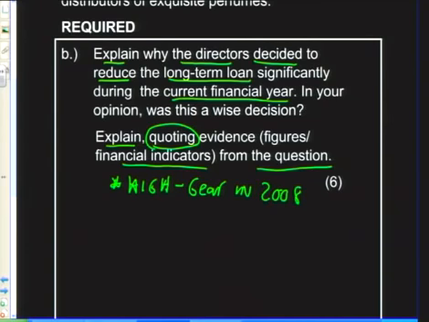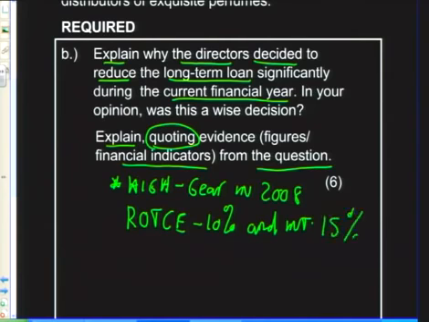And also, I can mention the return on total capital employed was 10%, and the interest rate was 15%. In other words, you need to tell the examiner that the 15% was much higher than the return, which was only 10%. So the first part of the question is answered.